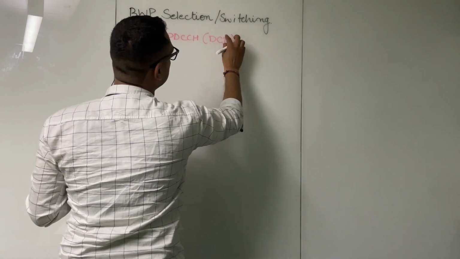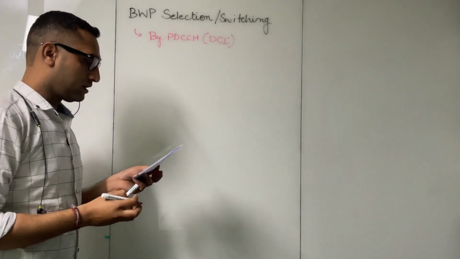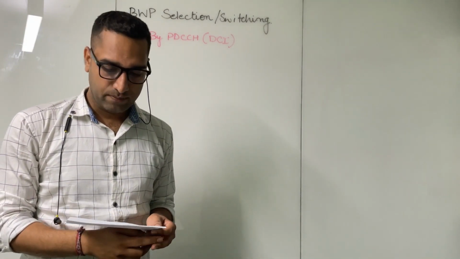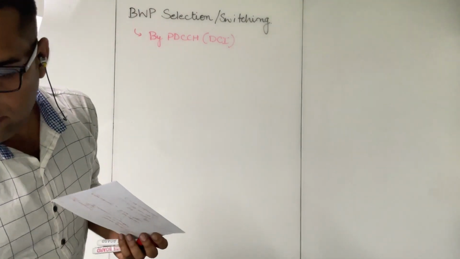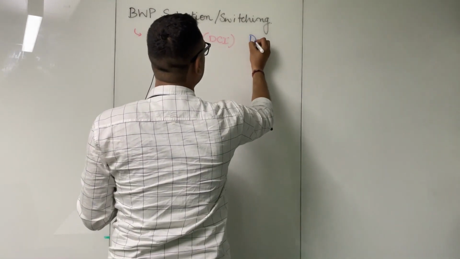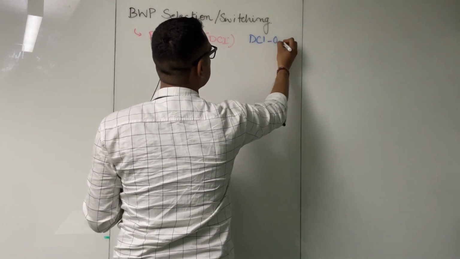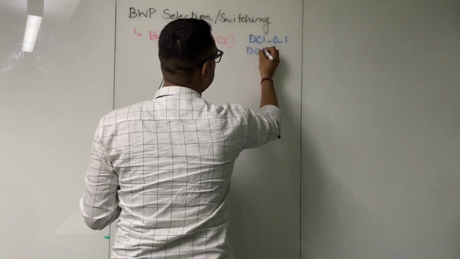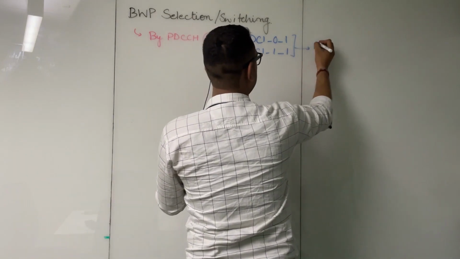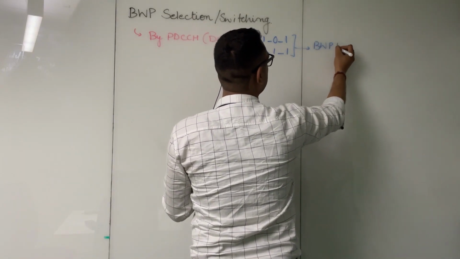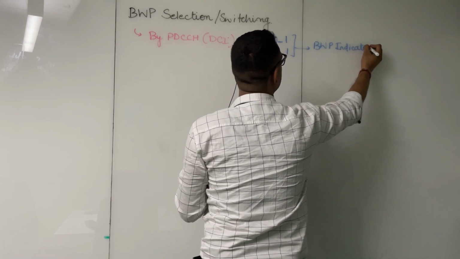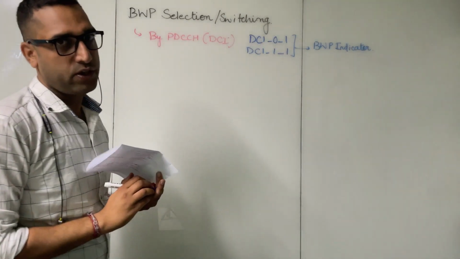So DCI has a field of bandwidth part indicator in DCI 0_1 and 1_1. DCI 0_1 is for uplink, and DCI 1_1 has a field called BWP indicator. So using that, gNodeB can change the active BWP of a UE.